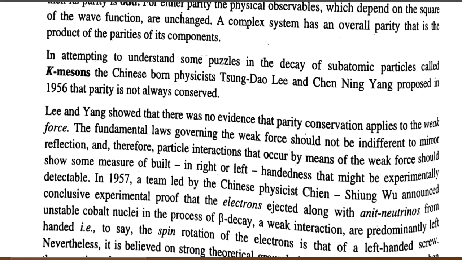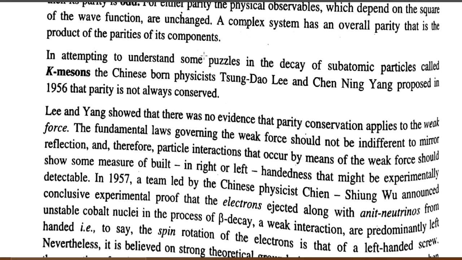In attempting to understand some puzzles in the decay of subatomic particles called K-mesons, the Chinese-born physicists Tsung-Dao Lee and Chen Ning Yang proposed in 1956 that parity is not always conserved. Lee and Yang showed that there was no evidence that parity conservation applies to weak interactions.